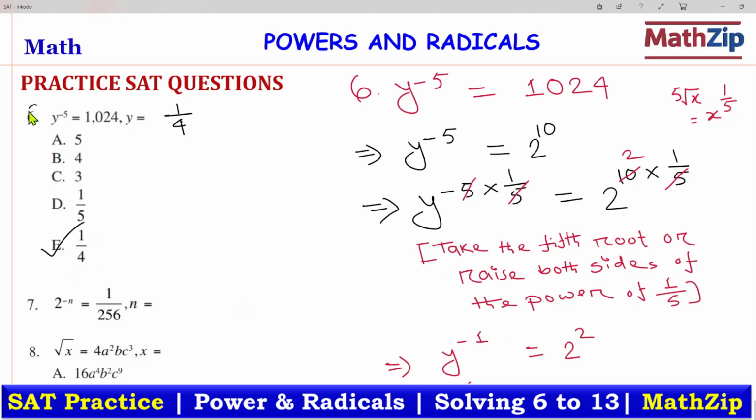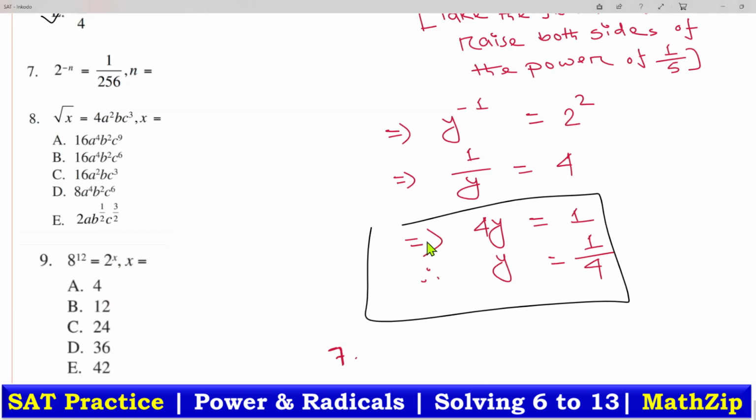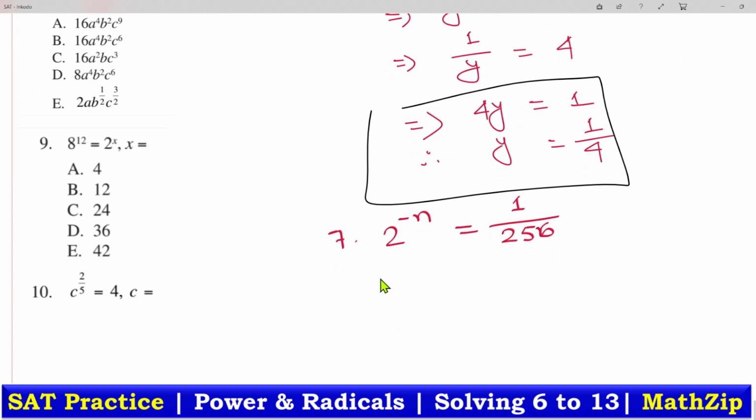So number 6 done. Number 7: 2 to the power minus n equals 1 divided by 256. We are trying to find the value of n. It's a simple thing.